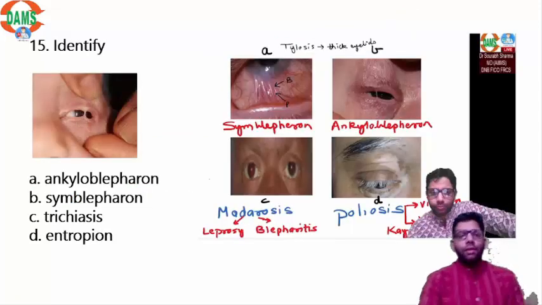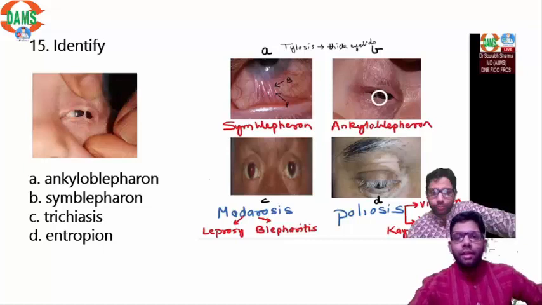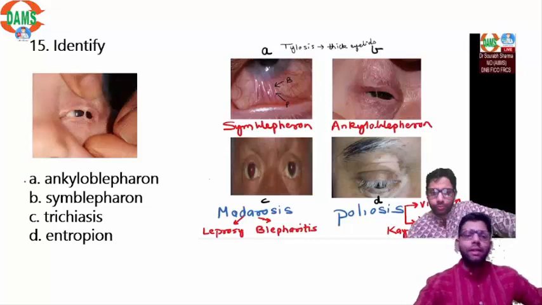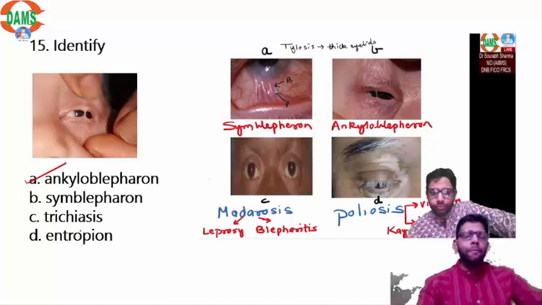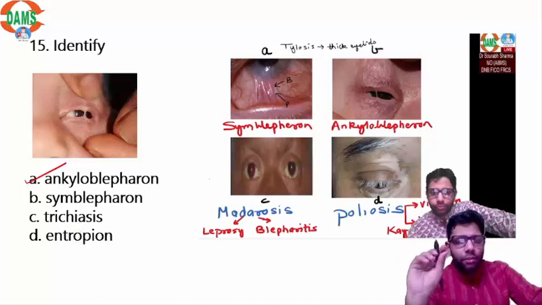Now, a direct question to identify. It is not symblepharon. See, one of the direct pictures: adhesions between the upper and the lower eyelid is ankyloblepharon. Trichiasis is misdirection of eyelashes inside, touching the cornea. Entropion is totally internal; the eyelid margin is turned inside.